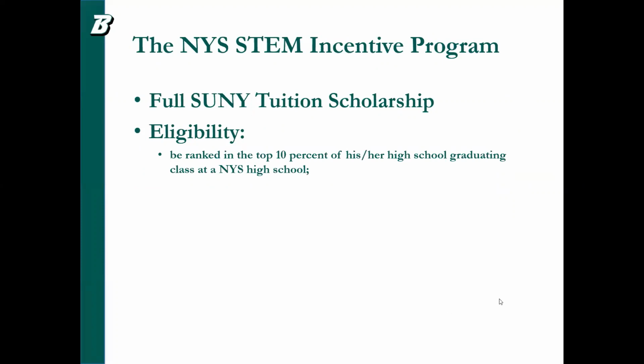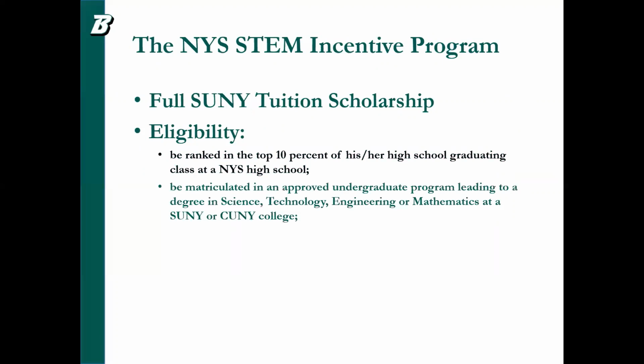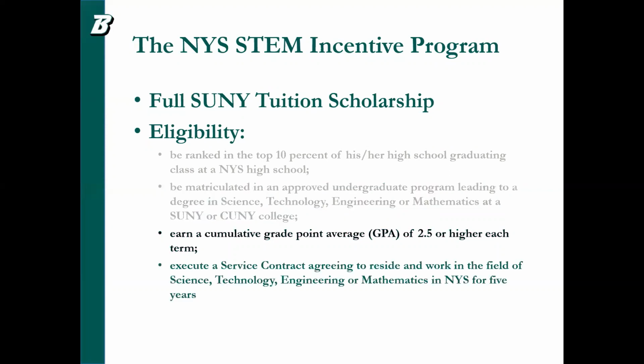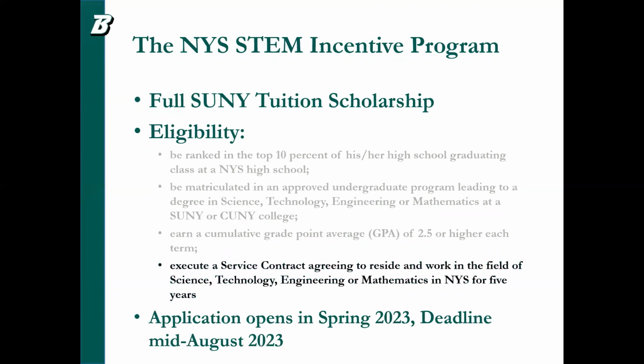To be eligible, the student must rank in the top 10% of their graduating class in a New York State high school, be matriculated in an approved undergraduate program, earn a 2.5 cumulative GPA each term, and execute a contract agreeing to live in New York State and work in a STEM field for 5 years post-graduation. The application will open in spring of 2023 with a deadline in mid-August.